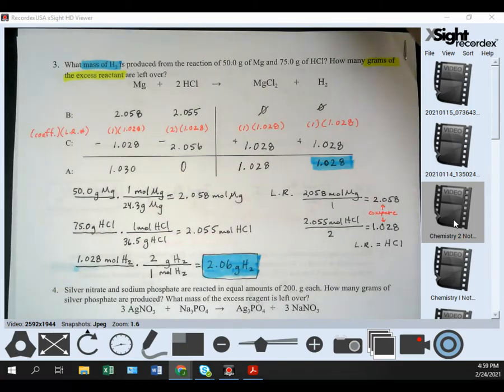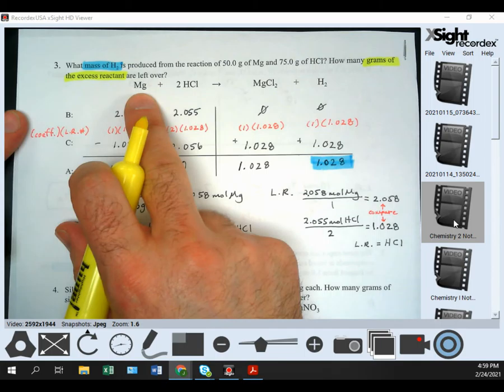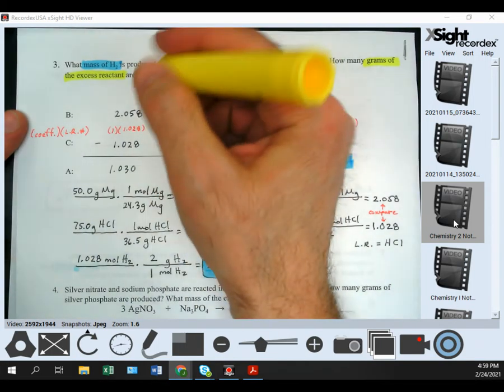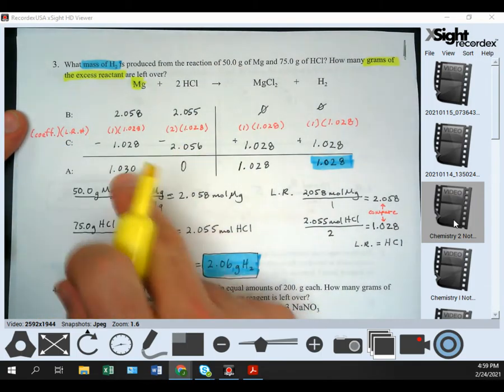Well, that's the reactant that wasn't used up, the one that there was more than enough of. So what's our excess reactant now that we know what our limiting reactant is? Our limiting reactant was hydrochloric acid, which means our excess reactant is magnesium. That's the one we had some left over. How many grams of that were left over?